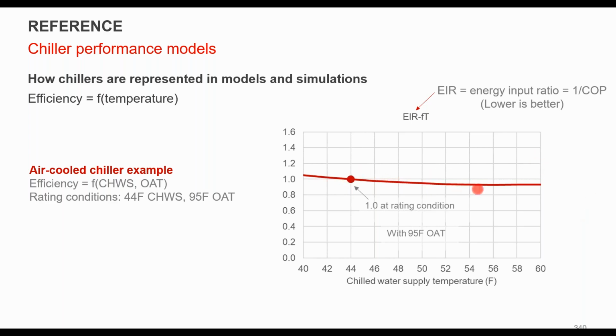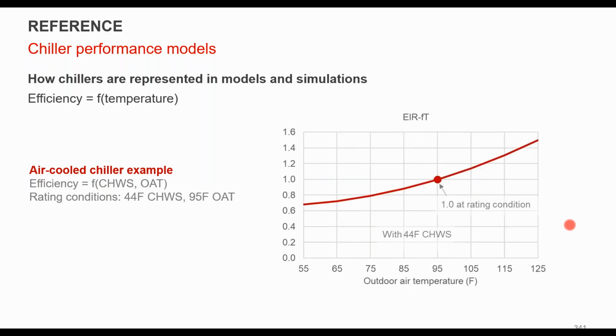So when the EIR is going down here, that's actually an increase in COP. So lower chilled water supply is a better COP number. Same thing here, again, inverse of COP. So with outdoor air conditions going up, it's actually getting worse. Outdoor air conditions going down, you're actually getting better performance.